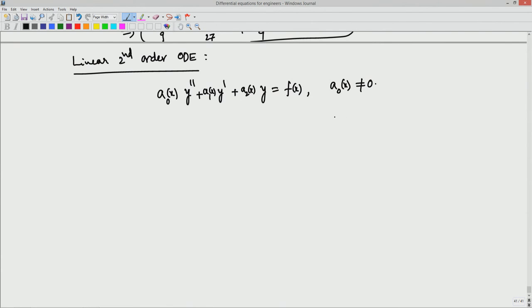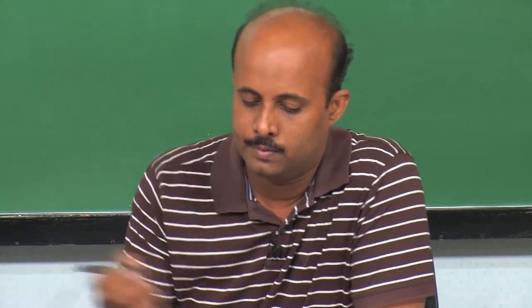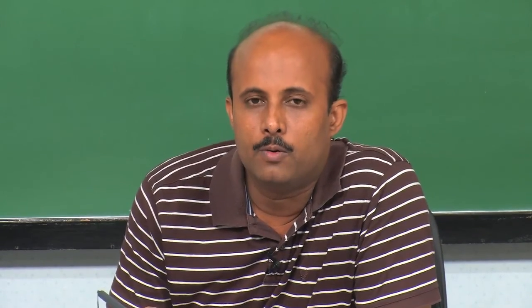So that means your domain should have all values of x where that coefficient is not 0. Okay, so you cannot have a domain at which it is 0. Okay. So how do we solve this equation? This is the linear second order ODE.